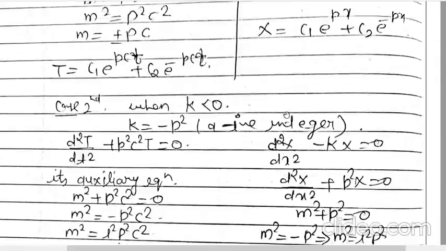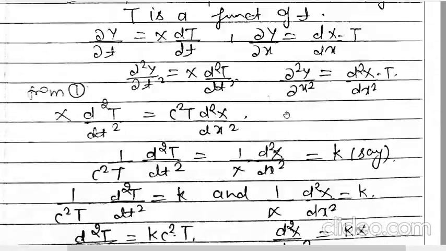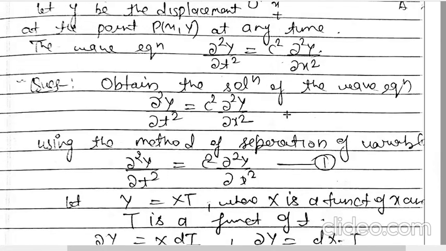This is your wave equation, and we solved it by applying three cases: k is a negative integer, k is a positive integer, and k is equal to 0. The case which gives the periodic function solution is the one we considered, right?